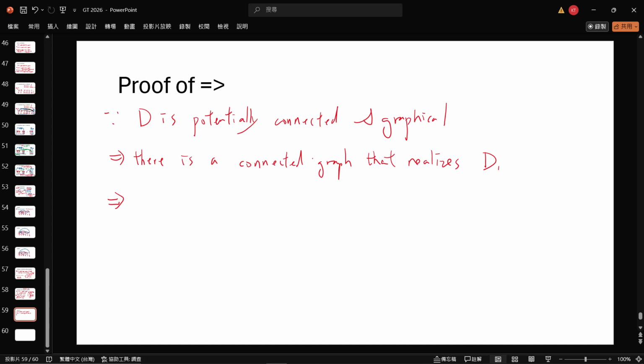Since this is connected, there's no isolated vertex. Recall that an isolated vertex is a vertex without any neighbors.